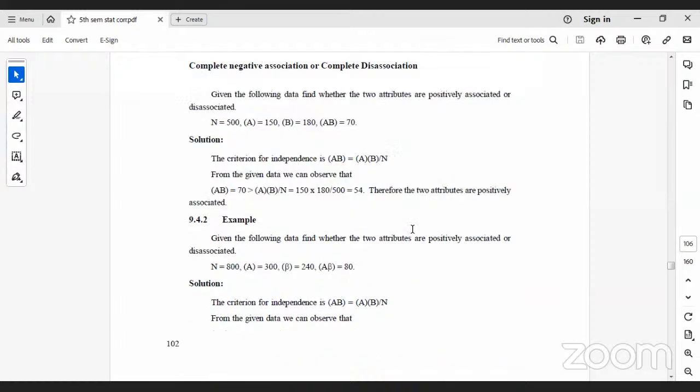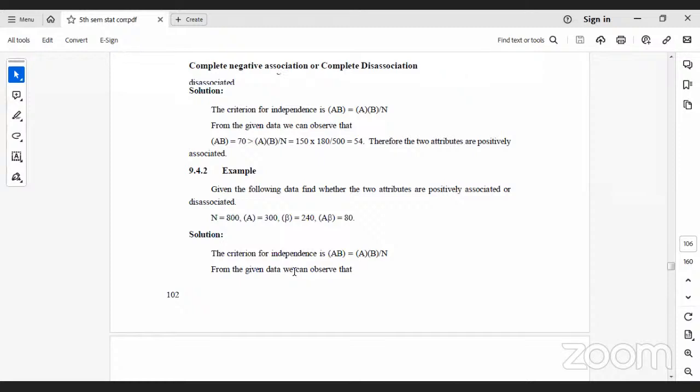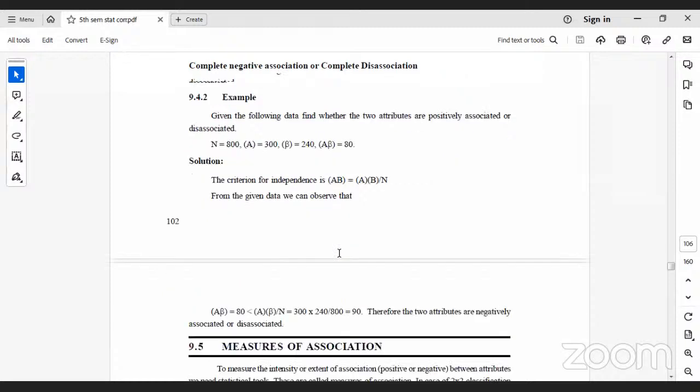Now another example with the following data: N is equal to 800, A is equal to 300, beta is equal to 240, A beta is equal to 80. The criterion for independence formula: A beta is equal to A into beta by N. A beta is 80, as given.